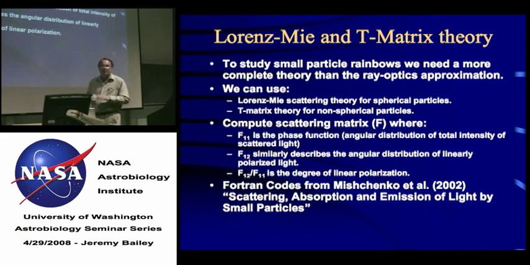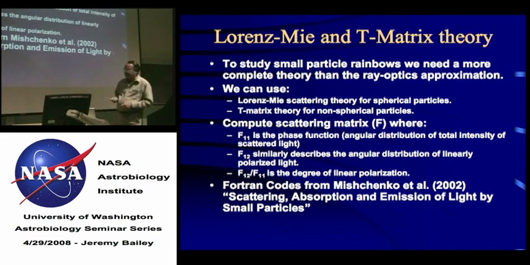So from these we can calculate what's called the scattering matrix, one component of which is the phase function, which is simply the fraction of light that gets scattered into each possible phase angle. And there's another component which describes the same thing for linearly polarized light, so how much linearly polarized light is scattered at any one angle. And the ratio of those is the degree of linear polarization. So I, for example, use Fortran codes from Mishchenko to calculate these.